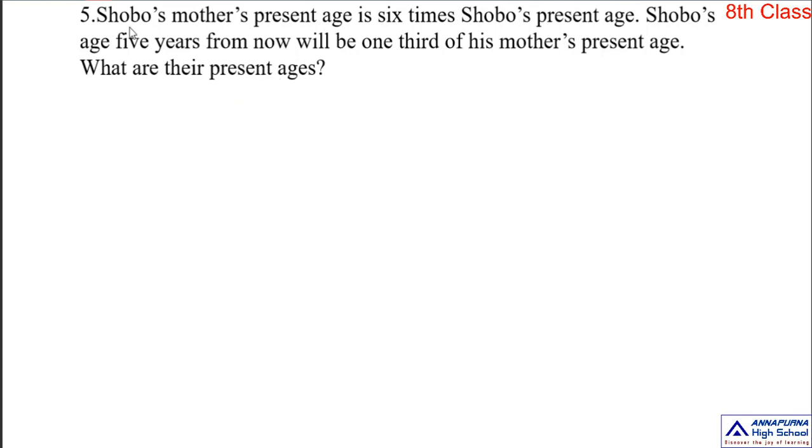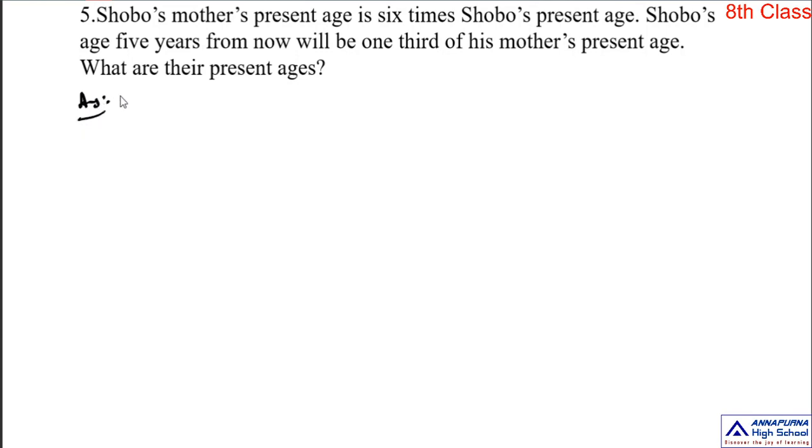So, once again, Shobha's mother's present age is 6 times Shobha's present age. Shobha's age 5 years from now will be one third of his mother's present age. What are their present ages? So this is the question.